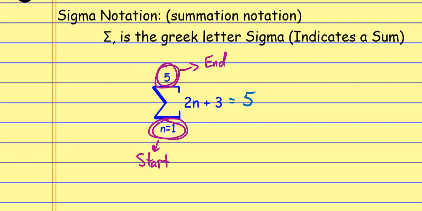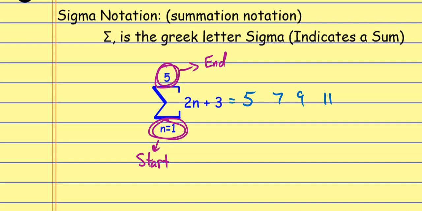Next, I plug a 2 in for n, and I'm going to keep going until I get all the way to the 5th term. 2 times 2 is a 4, plus 3 is a 7. Now I'm going to plug a 3 in. That's a 6 plus 3, which is a 9. Now I'm going to plug a 4 in. That's an 8 plus 3, which is 11. And then last, I'm going to plug a 5 in. I know this is the last term because that's my ending value.